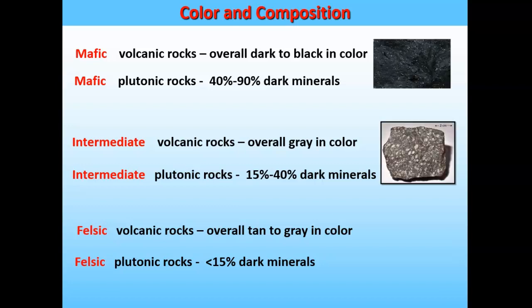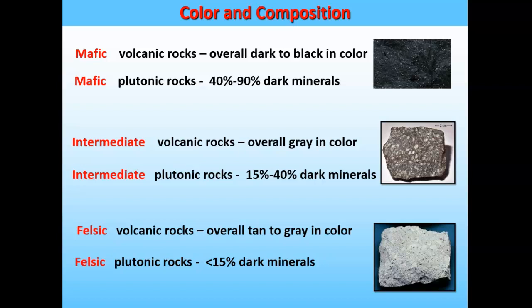So we do that a lot. If we were given these 3 images that are all of volcanic rocks and asked which one's the mafic one, because we can compare, we'd say the darkest one must be mafic, the lightest one must be felsic, and the one in the middle must be intermediate. And those would all be accurate statements.